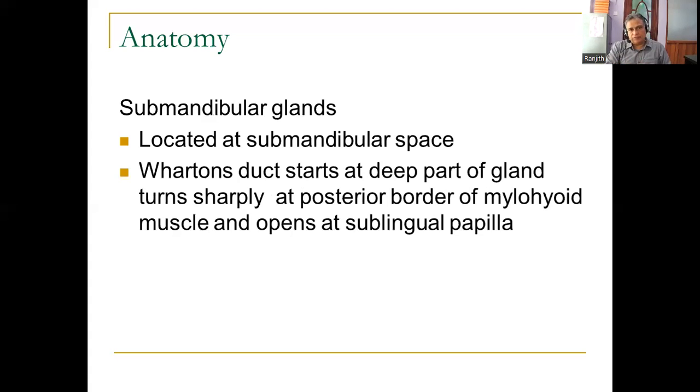If you remember the osteology of the mandible, we find on the lingual side of the mandible a depression which actually lodges the submandibular salivary gland. The duct that brings the saliva to the oral cavity is called the Wharton's duct, and it starts at a deep part of the gland. It turns sharply at the posterior border of the mylohyoid muscle and then opens at the sublingual papilla.